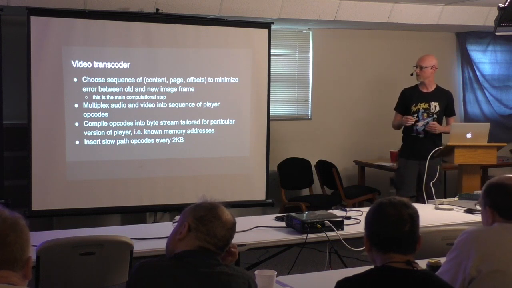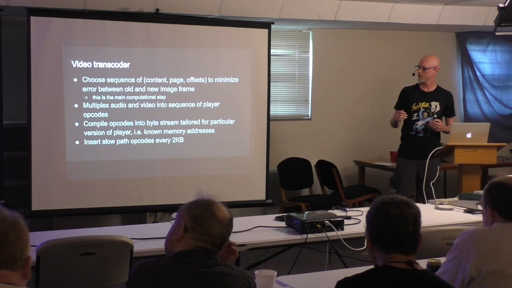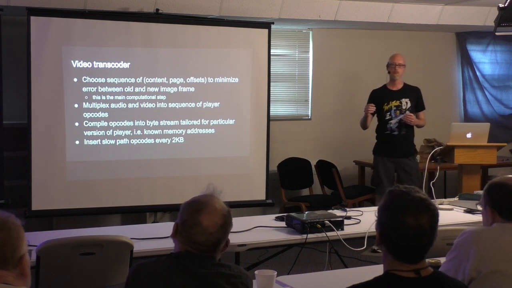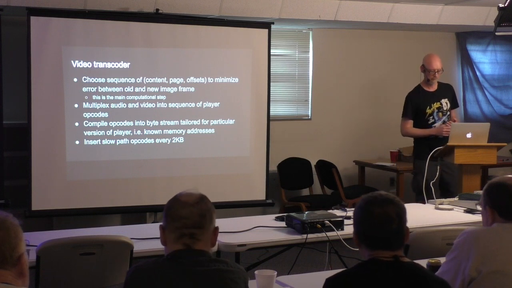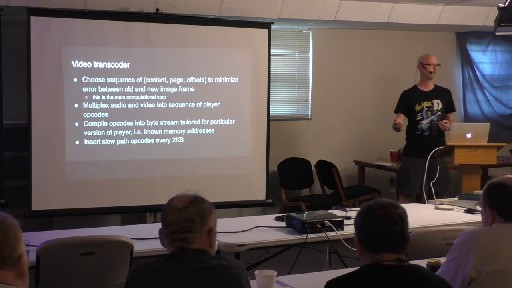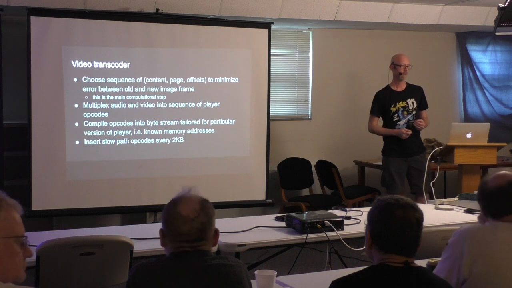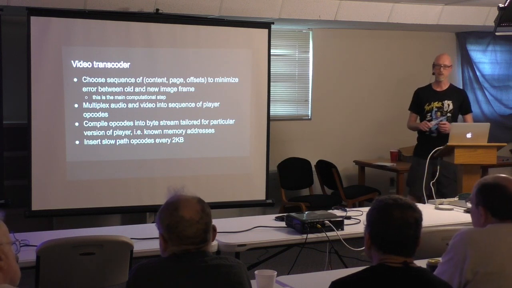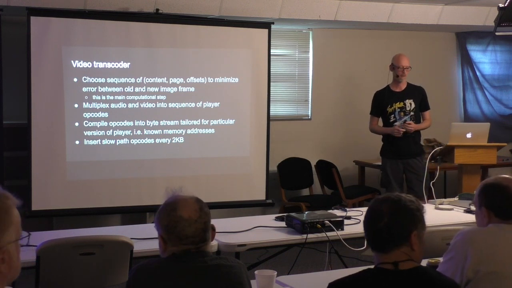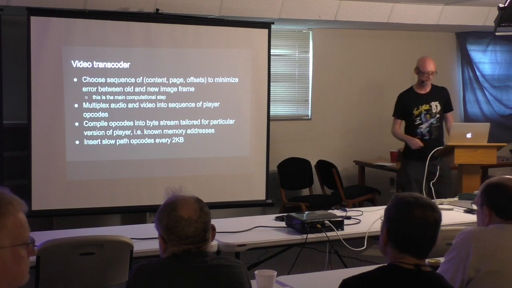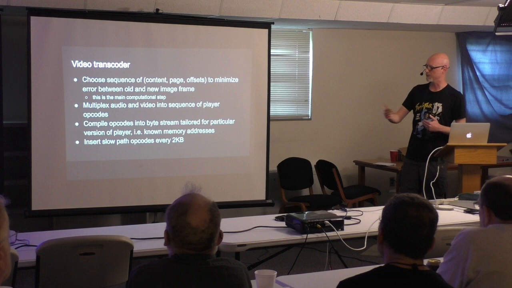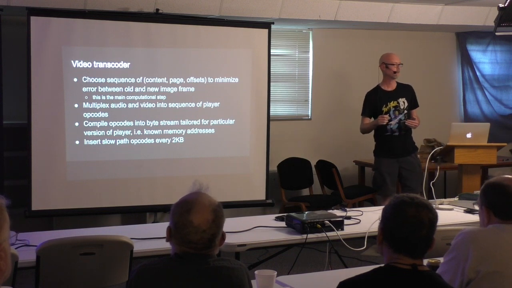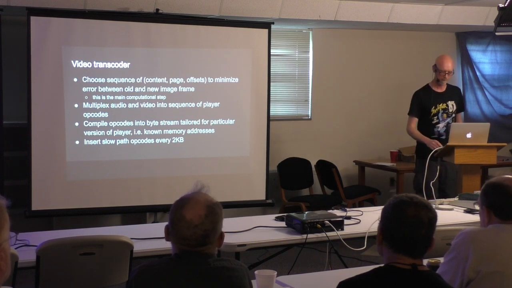That's basically because the Apple needs to receive the exact memory addresses of these opcodes, so it's tailored for a particular version of the player. If I change the offsets in the player code, I have to recompile all the videos. And then finally, I have to insert these slow path opcodes every 2 kilobytes to tell the Apple to go and manage the buffers.